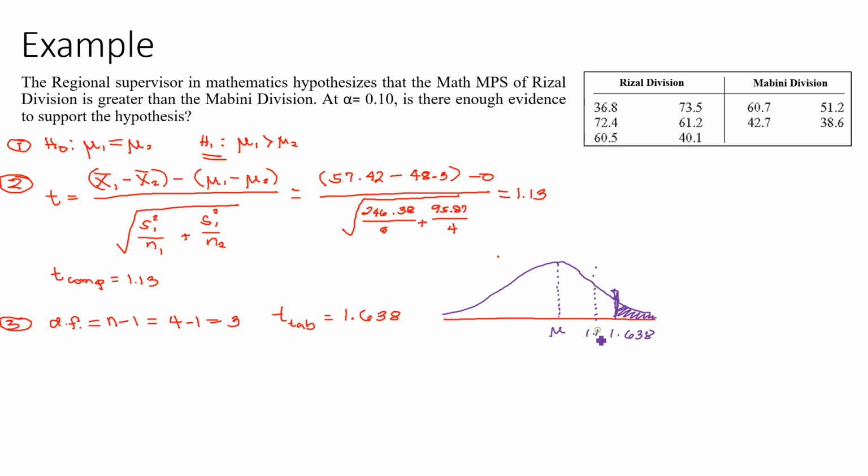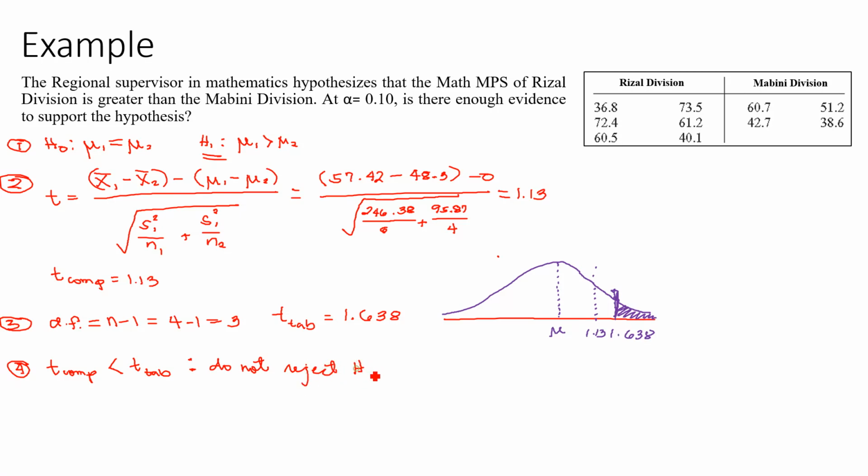In this case, for our number 4, the computed t-value is less than the tabular value, which implies that we do not reject the null hypothesis.